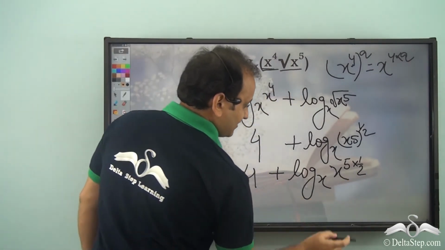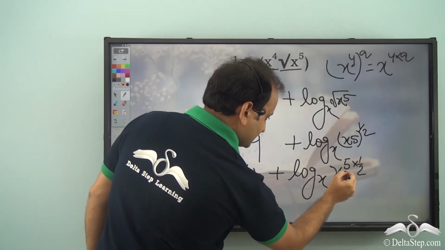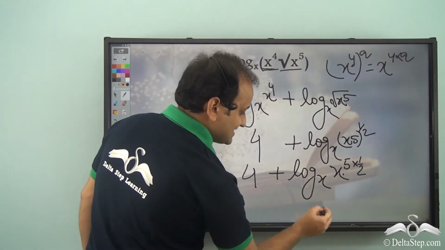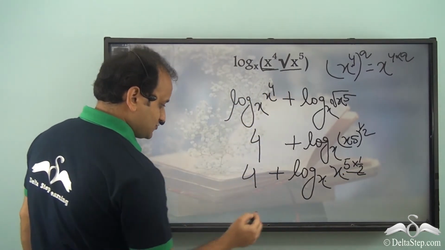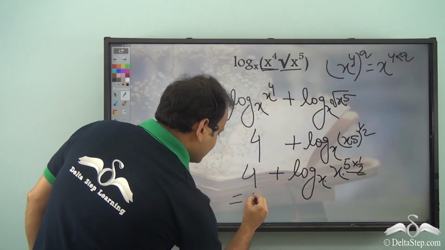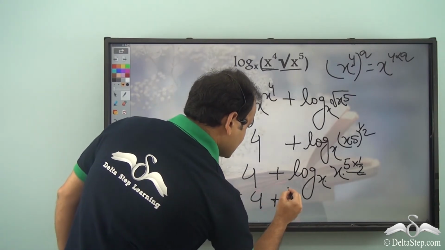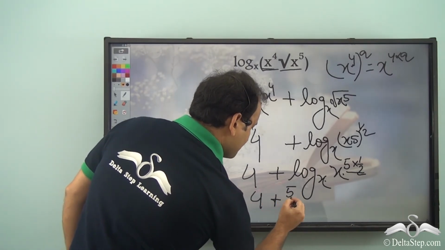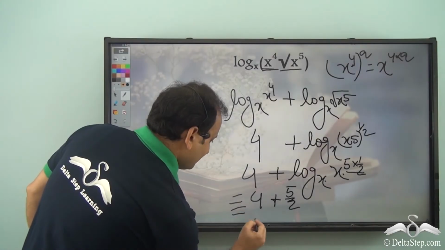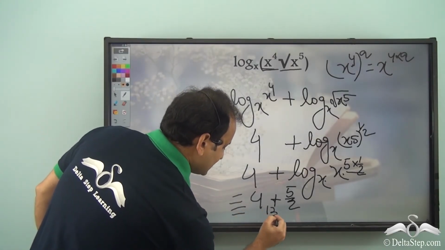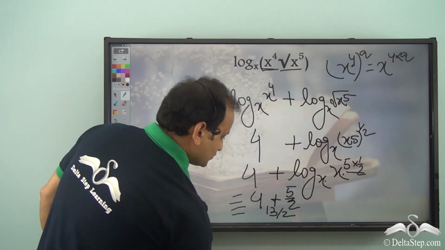Now again, if the argument is the power of base, then the power itself is the answer. So the answer is 4 plus 5 by 2. Taking an LCM, we get the answer as 13 by 2.